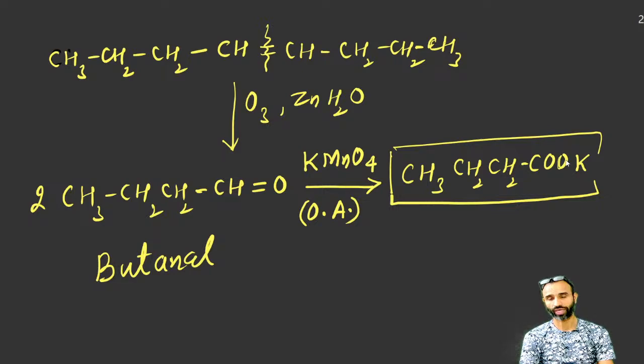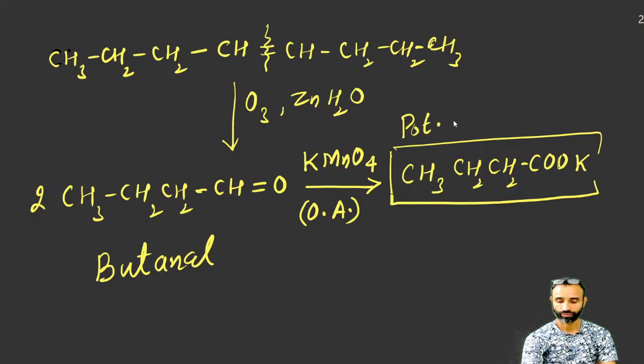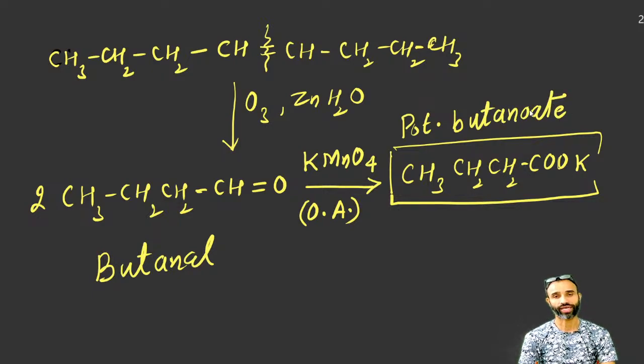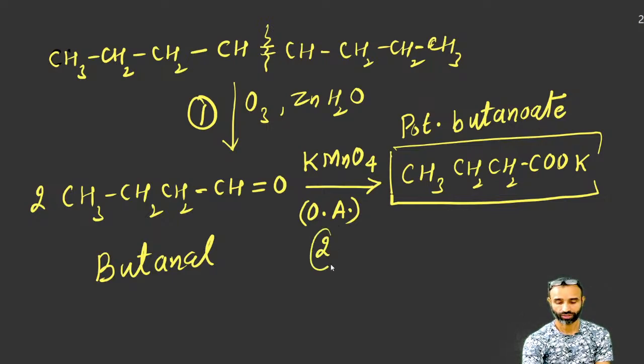So it is potassium butanoate. So in the second step, we get potassium butanoate. First is butanal and then potassium butanoate. This is in the second step.